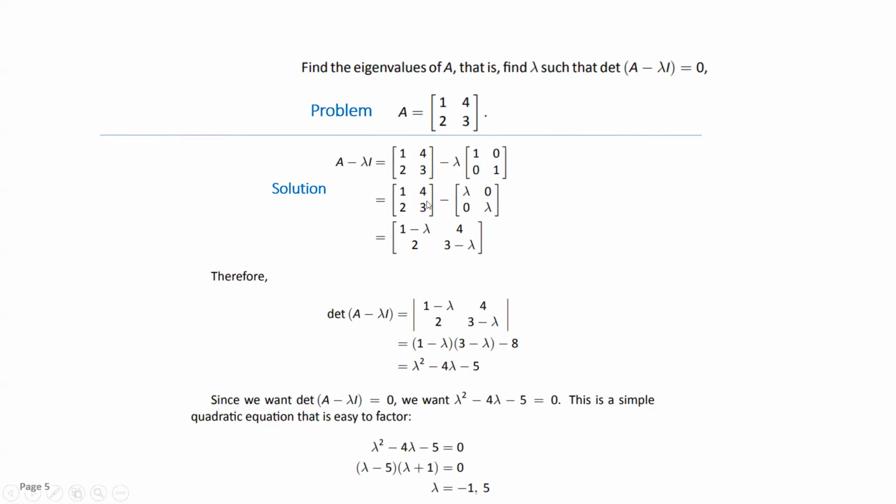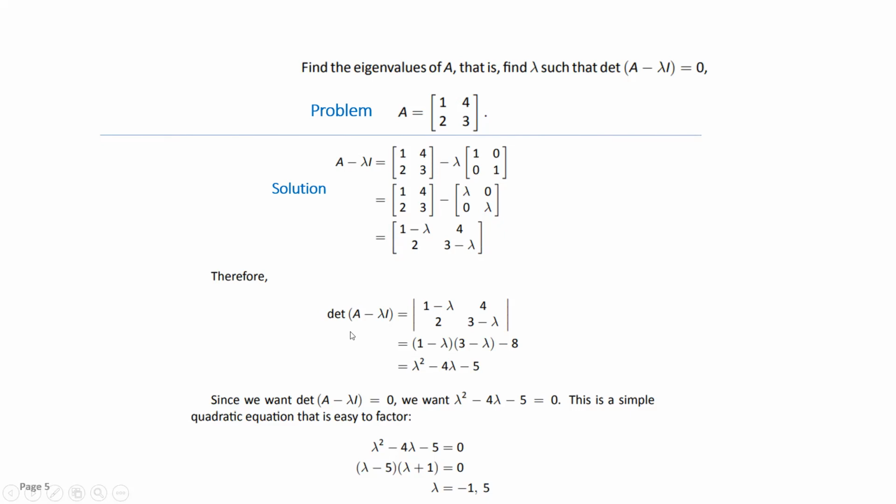Subtracting matrices means subtracting each element from the corresponding element, like 1 minus lambda, 4 minus 0, 2 minus 0, and 3 minus lambda. So A minus lambda I is equal to this matrix.